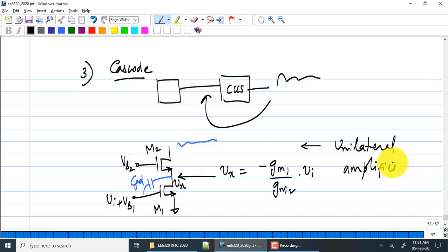But the instability may be happening at 10 megahertz or 100 megahertz, right? So the op-amp will still oscillate at some high frequency and will be unusable. Make sense? Any questions?